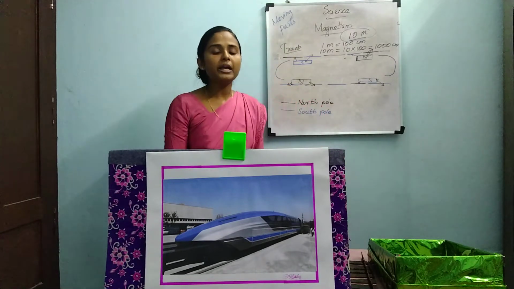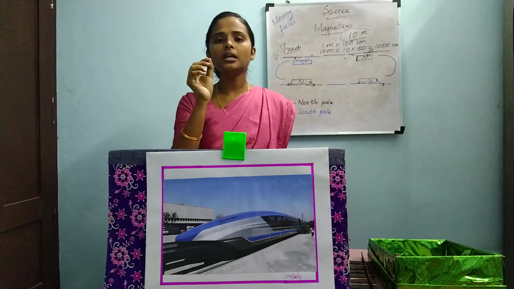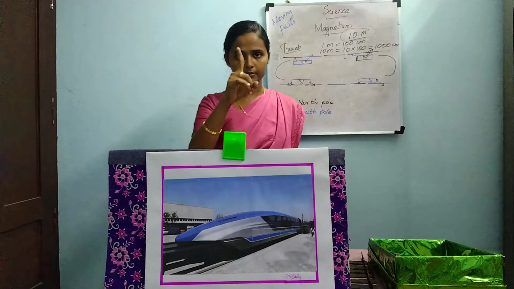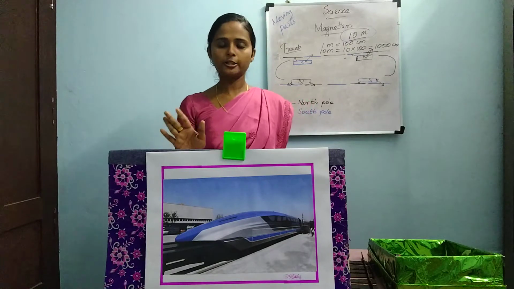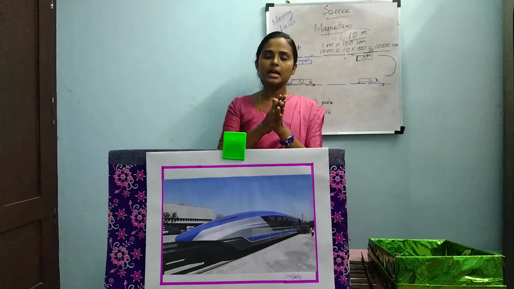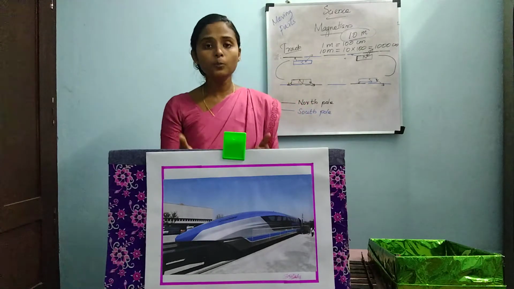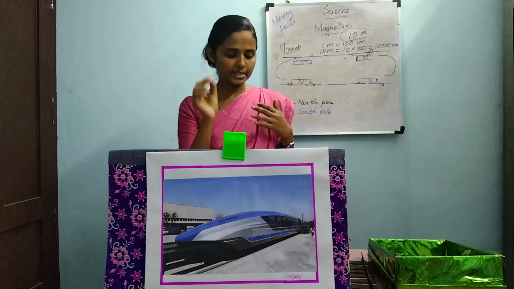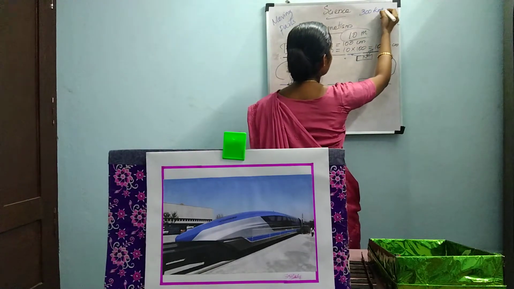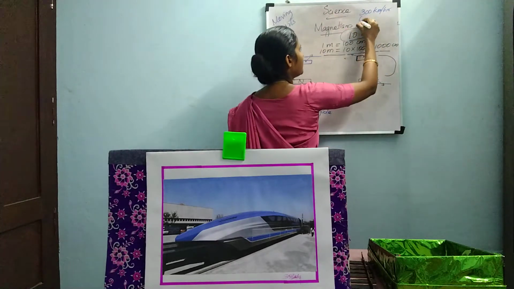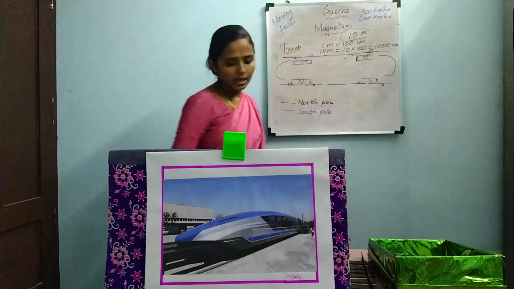And the speed. Normally this train moves at the speed of 300 km per hour. In 1 hour, it moves 300 km. But it has the capacity to move at 600 km per hour.